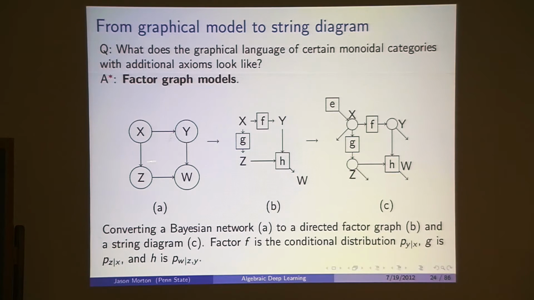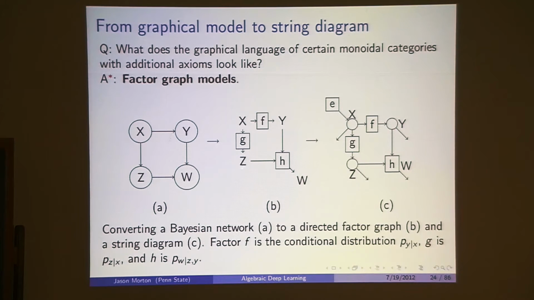So you take the Bayesian network. If I have an arrow from x to y, I replace the arrow from x to y by an arrow with an explicit box in the middle, and that box is the factor. And that just represents the stochastic matrix that transitions from x to y, the conditional distribution.